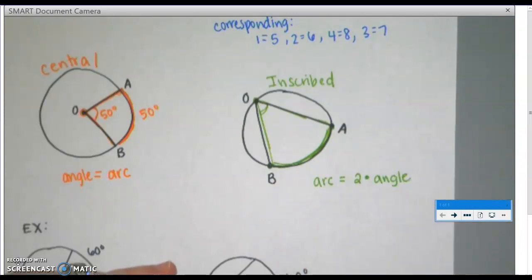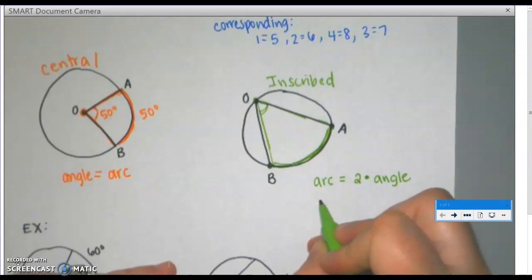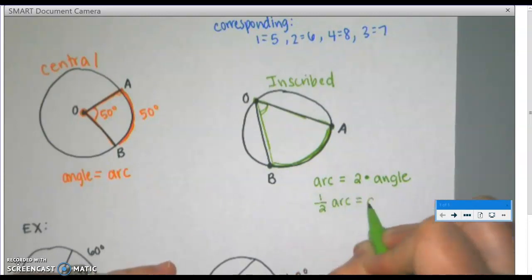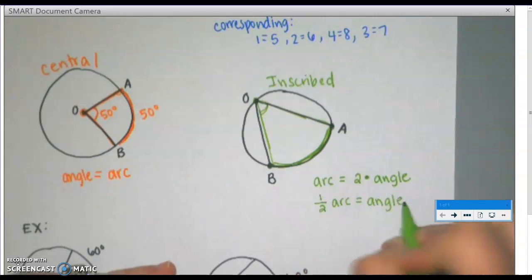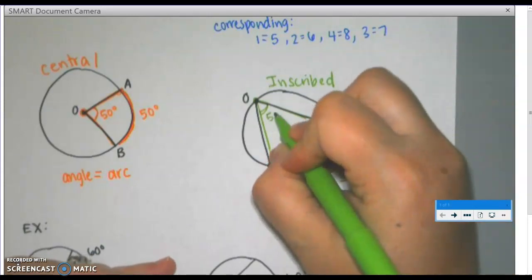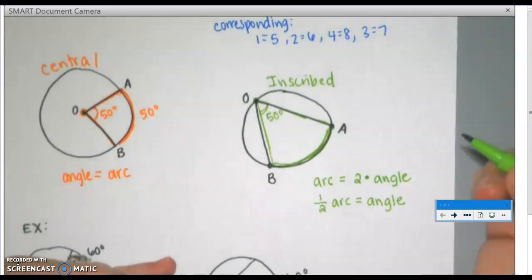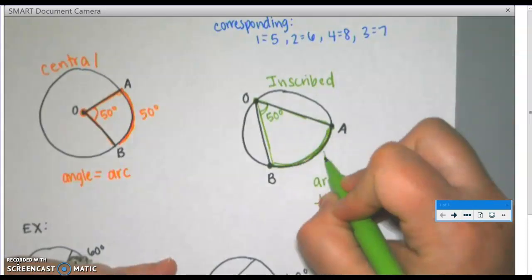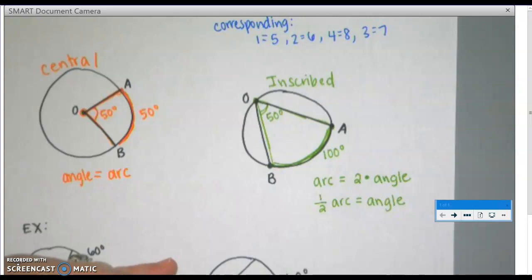Another way to look at that is if you have the arc, you can cut the arc in half, and that will equal the angle. But basically, the arc should always be 2 times bigger. So if I use that same 50-degree angle, now that this is an inscribed angle, it would make this arc 100 degrees because I have to double the angle. The arc should be 2 times bigger than the angle.